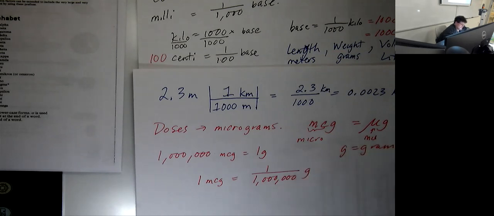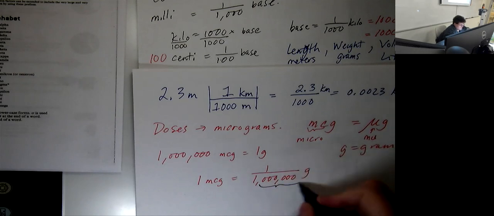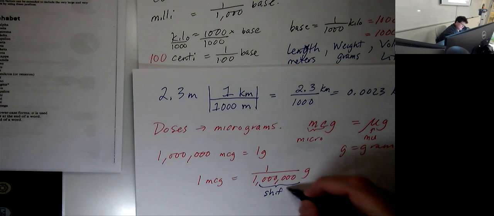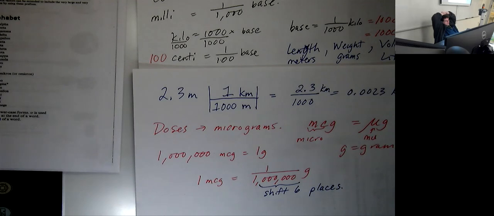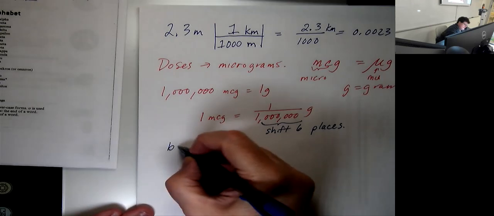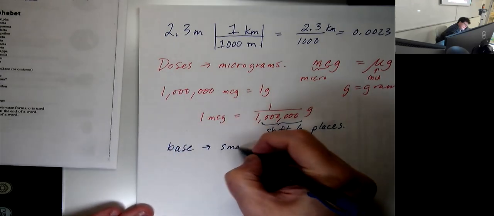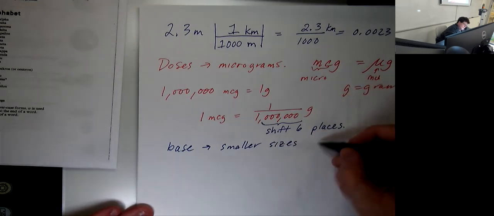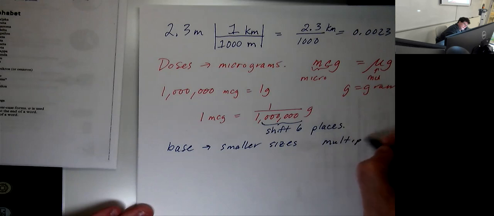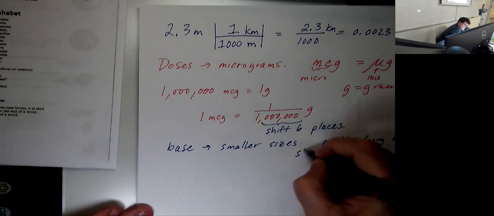I've got 6 zeros. So we're going to shift 6 places. And which way we go depends on whether we're going up in size or down in size. If you start at the base and you want to go to smaller sizes, we are multiplying by that number, which means shifting right.